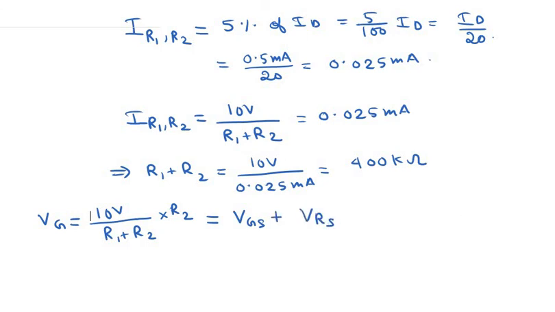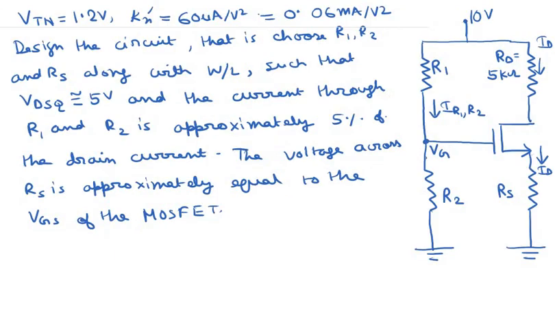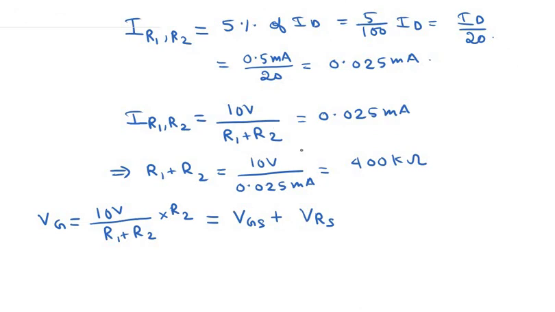It is given that VGS is approximately equal to VRS, and we have solved for everything. VRS is equal to 2.5 volts and VGS is also 2.5 volts, so 2.5 volts plus 2.5 volts is equal to 5 volts.